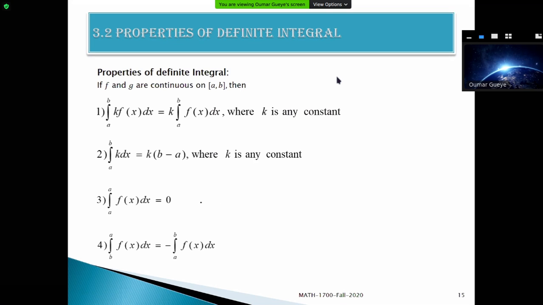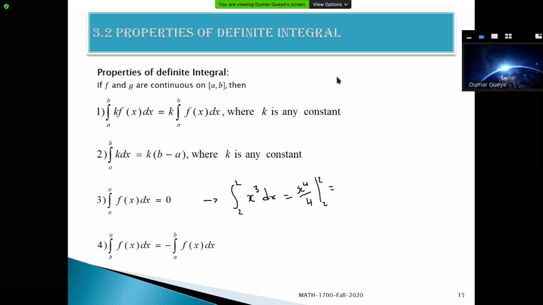For example, if I say the integral from 2 to 2 of x cubed, automatically I can say it is equal to 0. But if you don't realize this is 0, if you calculate it, you will get 0 too, because you will get x to the power 4 over 4, and you take it at 2 and at 2.